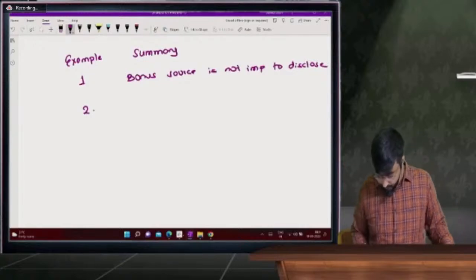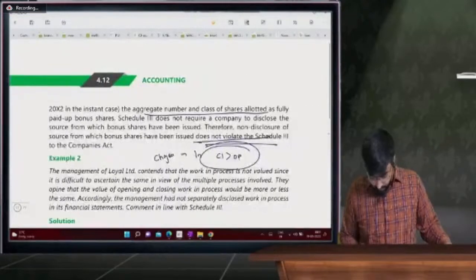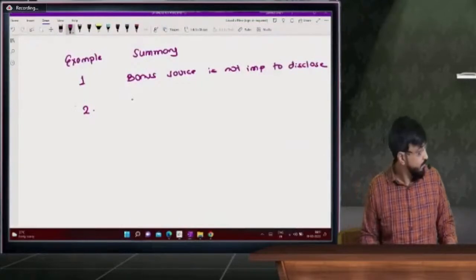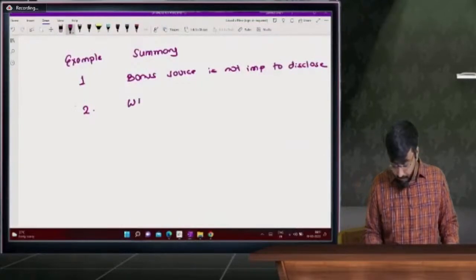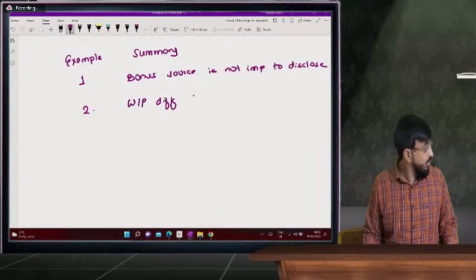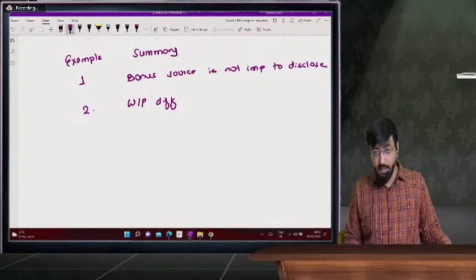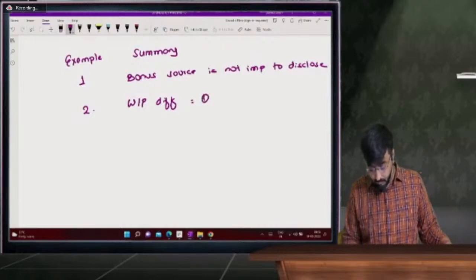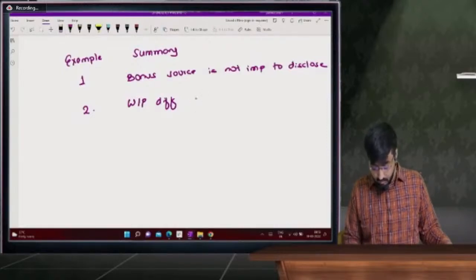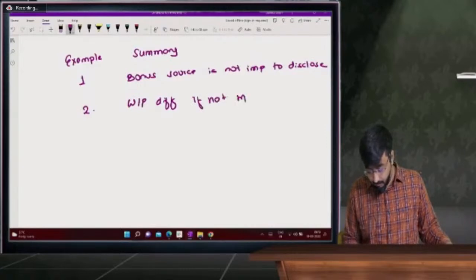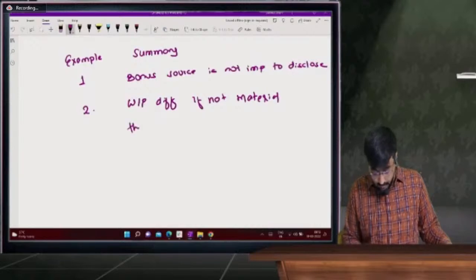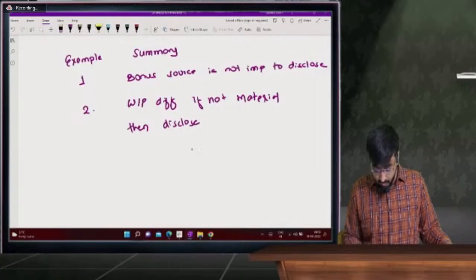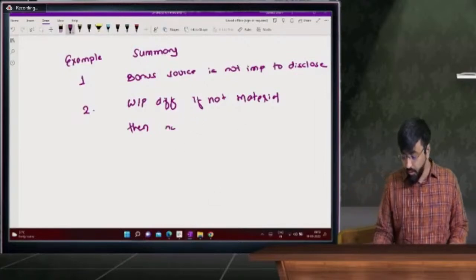Second one, WIP difference. If the WIP difference is not material, then don't disclose it. No need to disclose.